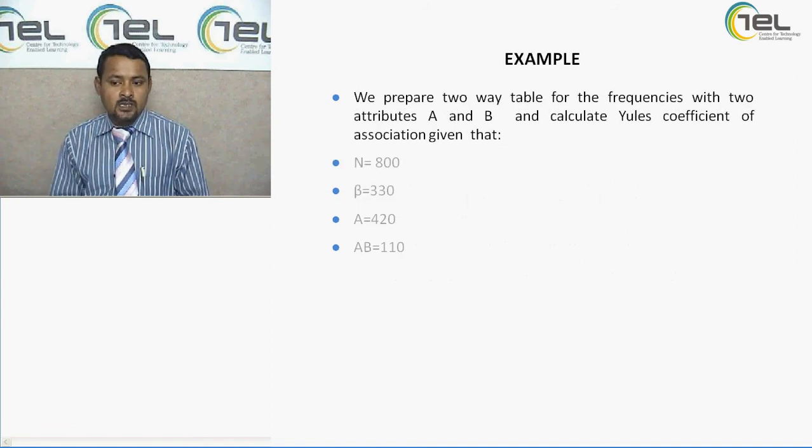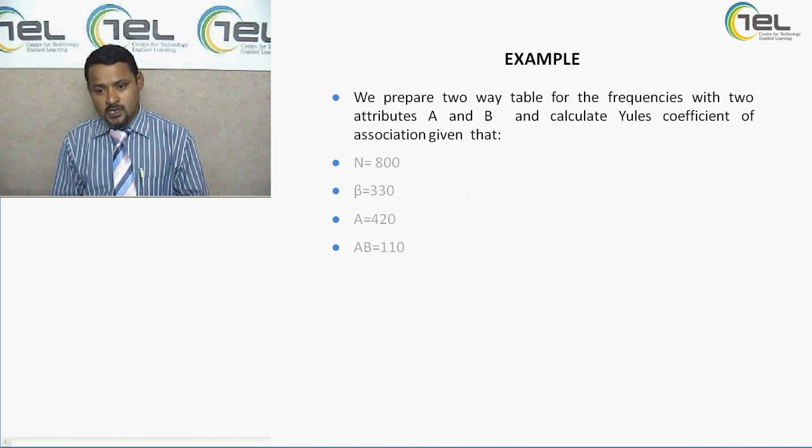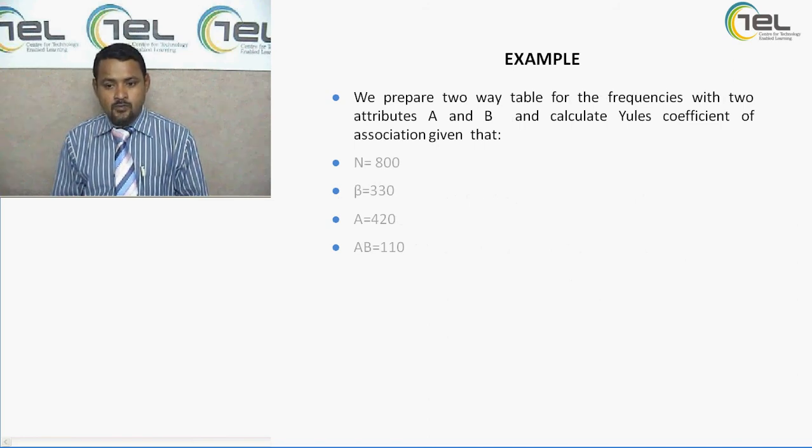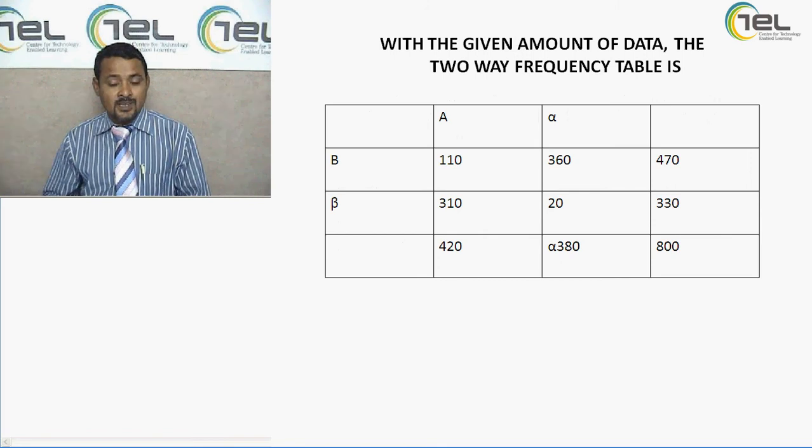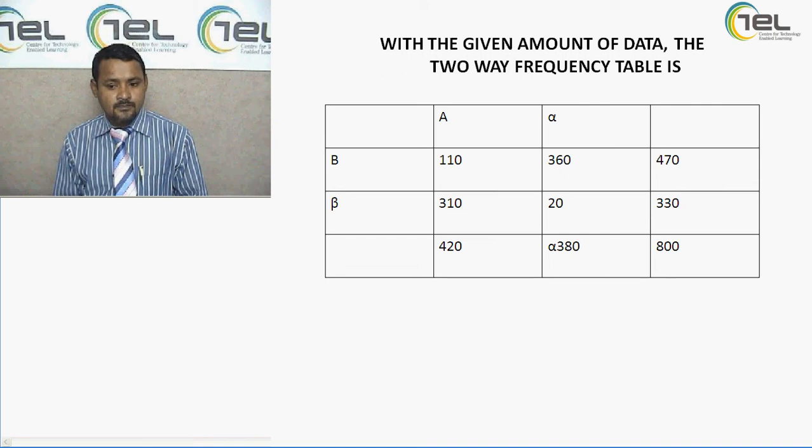We prepare the two-way table for the frequencies with two attributes A and B. Suppose we are given that N is 800, beta is 330, A is 420, and AB is 110. We can summarize that. AB is 110, beta is 330.